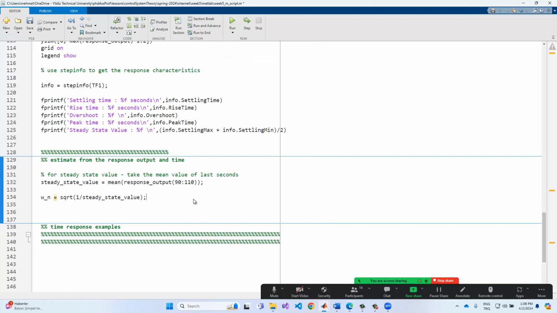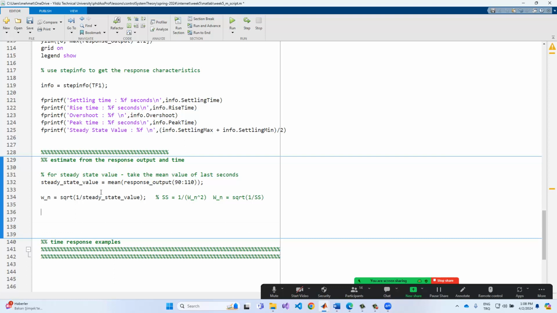In another form, SS is equal to 1 divided by Wn squared, and then Wn is equal to sqrt(SS). This is the formulation of Wn.